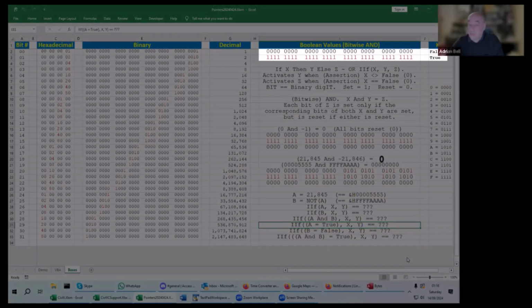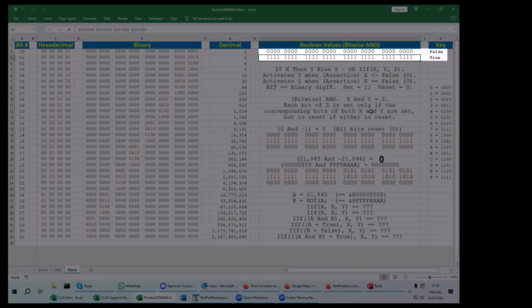That is because it means that in every single bit of that value is set. And that is a VBA thing. So if the value of A is 1, then that would still evaluate to false.